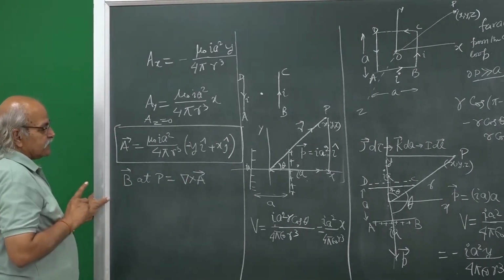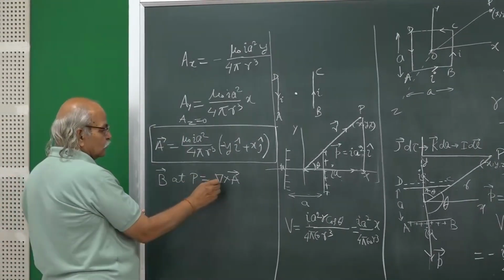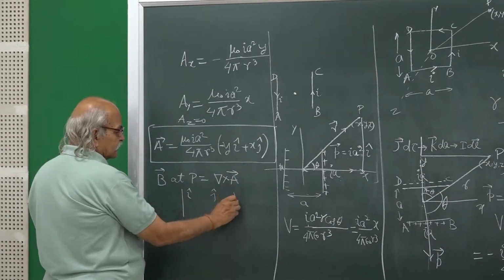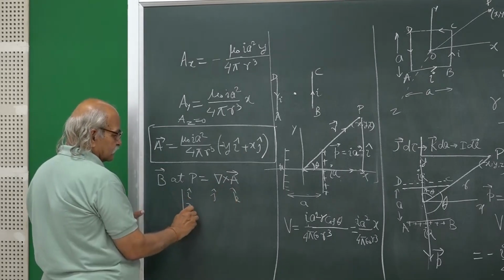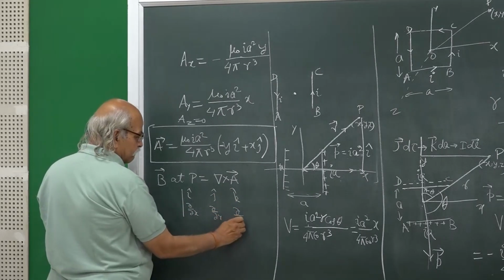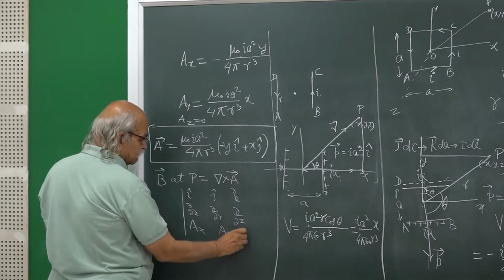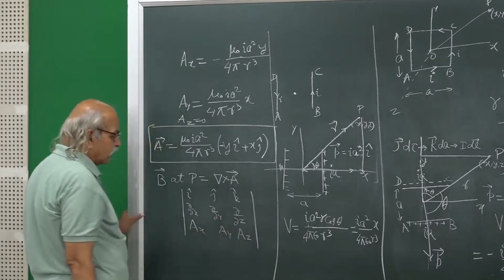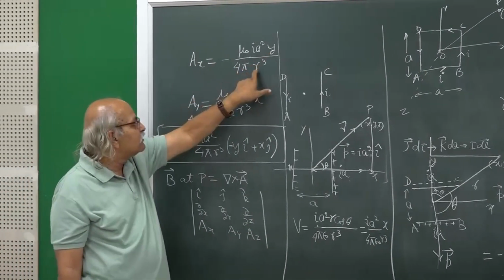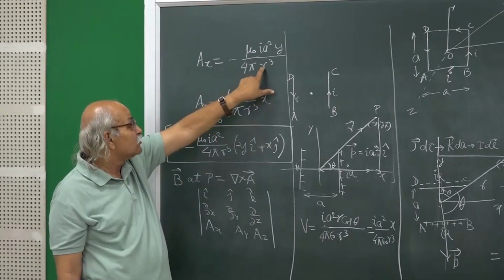Now, if you write it in this fashion and try to use that curl which we had been doing, i j k, del del x, del del y, del del z, and then a x, a y, a z, it will be a difficult task in the sense that this a x is having y divided by r cube, and r cube also contains x y z. So, this has to be inside.